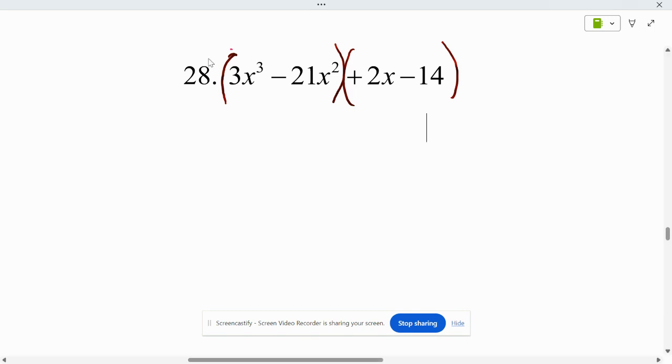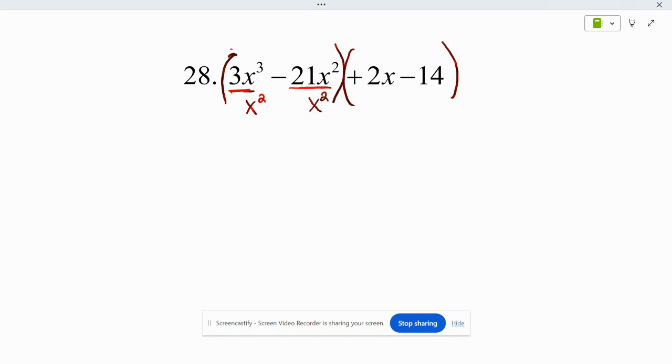All right, Delilah, I want you to look at this first binomial. And is there a variable? Let's first of all talk about the variable. What is the smallest variable that both of those terms share? Yeah, x squared. Good job. Kimber, I want you to look at that same binomial.